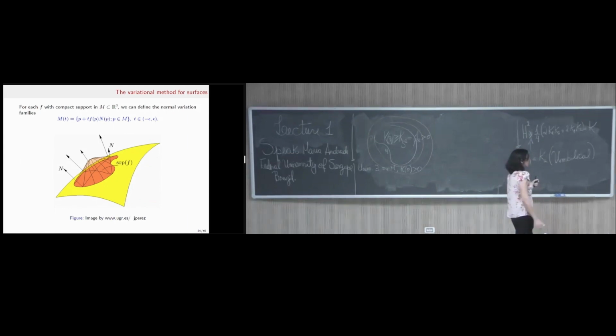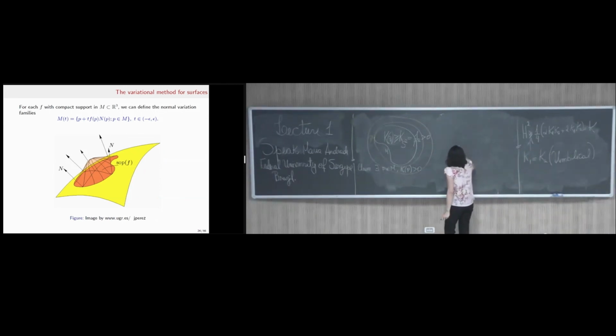First, I will talk with you about the problem, which is characterized by a variational problem. Imagine you have a surface. I will draw for you a little here on the blackboard.